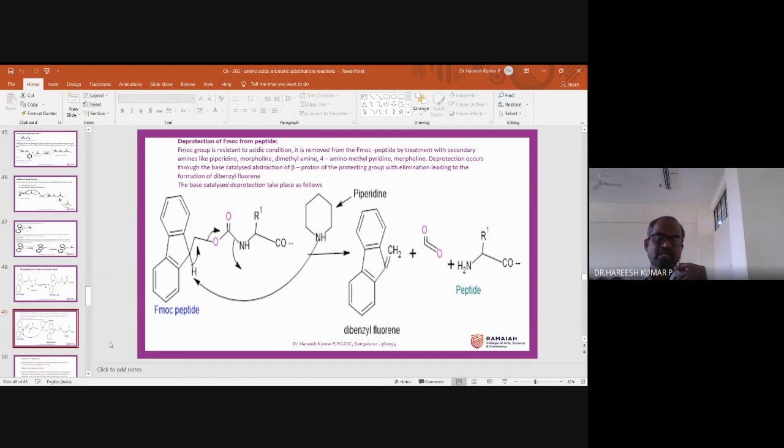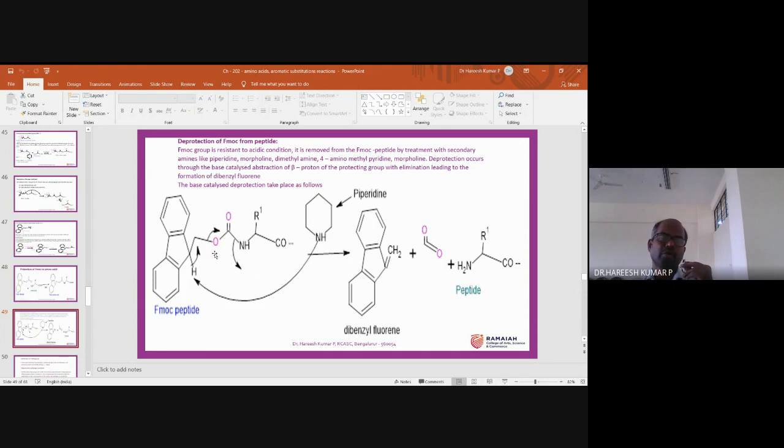How does this cleavage occur? The lone pair present on the piperidine can abstract this proton. What is the name of this proton? This carbon is the alpha carbon, this carbon is a beta carbon, so this proton is called the beta proton. This bond pair is coming over here, and this bond pair will come over here, and this bond pair picks up a proton.